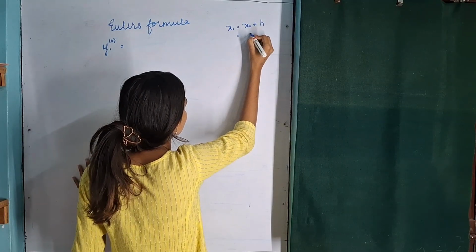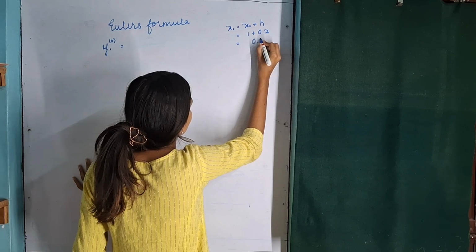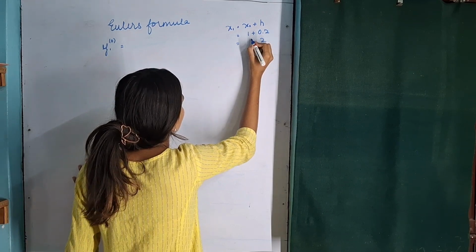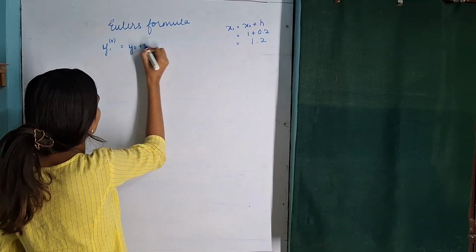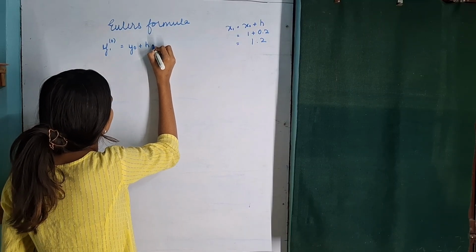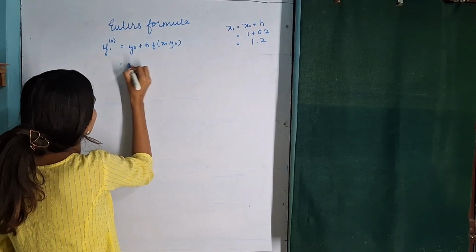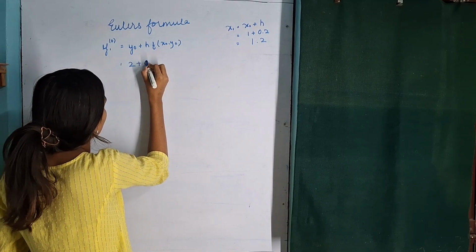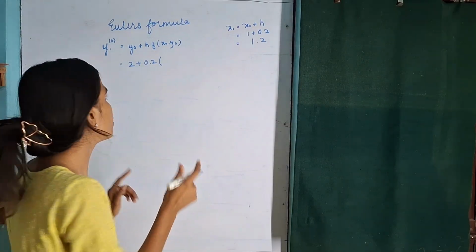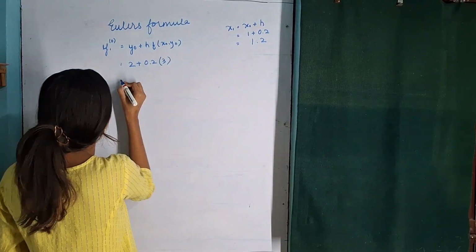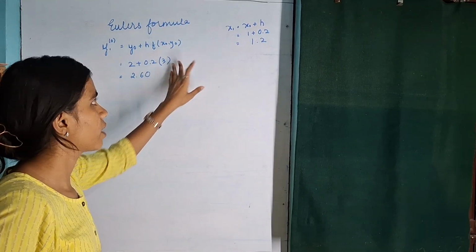Your x naught was 1 plus your h is 0.2, so your x1 will be 1.2. Euler's formula is y naught plus h f of x naught comma y naught. Y naught value is 2, h value is 0.2, and your f of x naught comma y naught we found before, it was 3. If you put this in your calculator, you will get the answer as 2.60. This is a simple calculation.